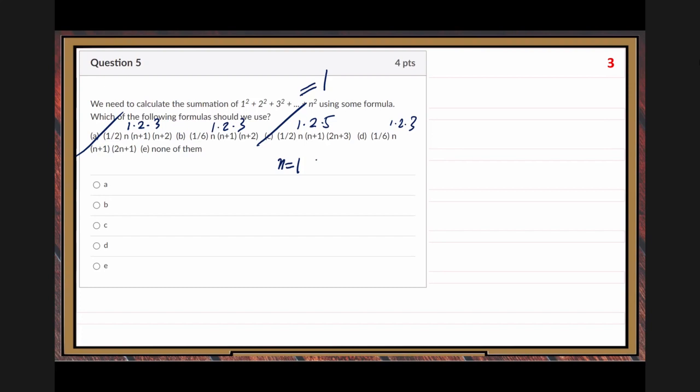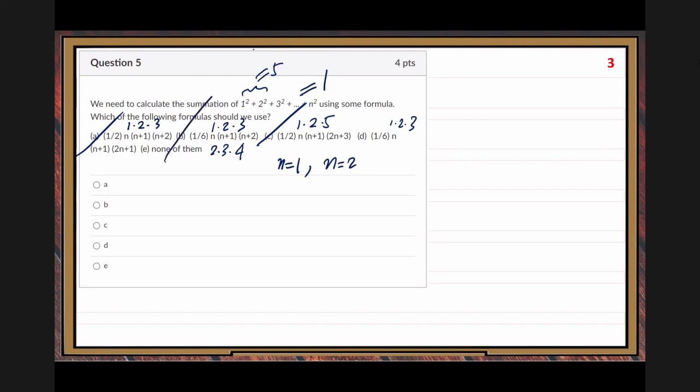Second round of elimination, n equals 2. Plugging into B, 2 times 3 times 4 multiplied, so the answer is 4. But here, with n equals 2, the first two terms, 1 plus 4, equals 5. 4 and 5 are different, so B is eliminated.